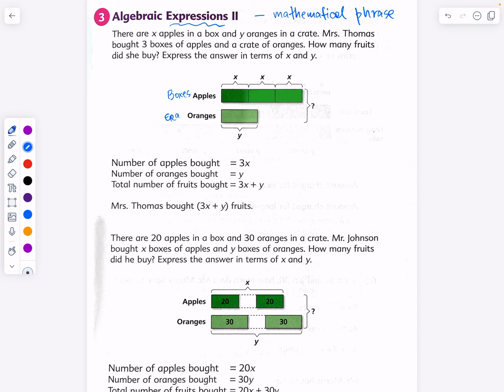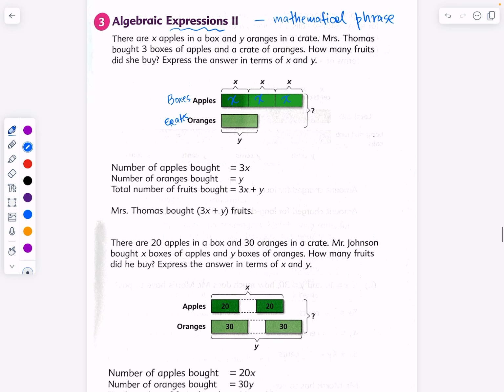What does the problem tell us? That each box of apples contains X number of apples, not 10, not 50, X. And each crate of oranges contains Y oranges. Mrs. Thomas bought 3 boxes of apples and 1 crate of oranges.